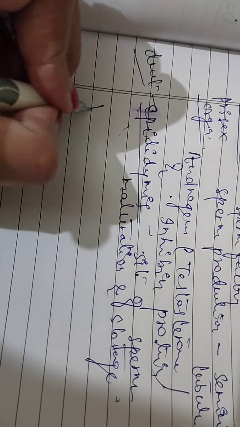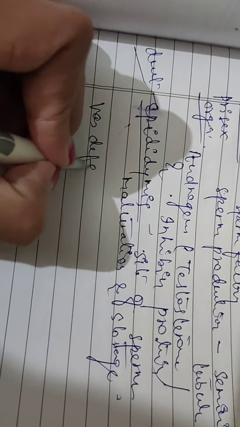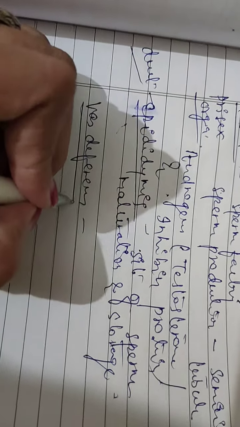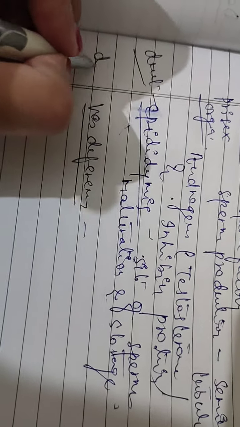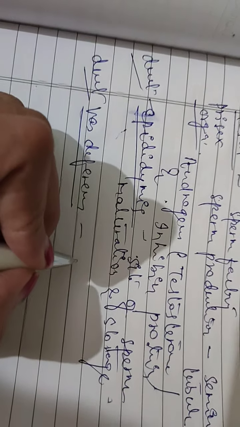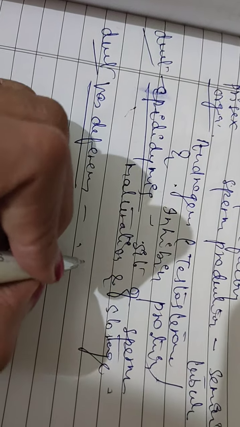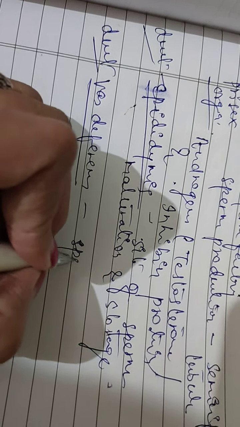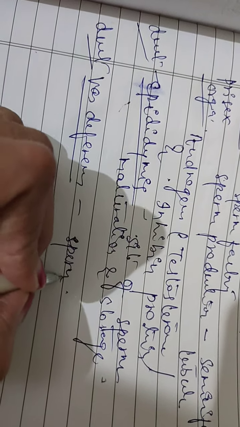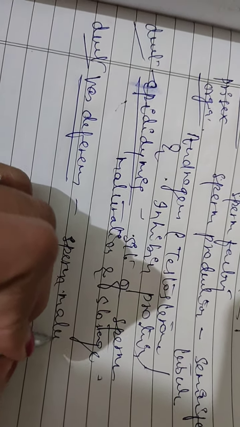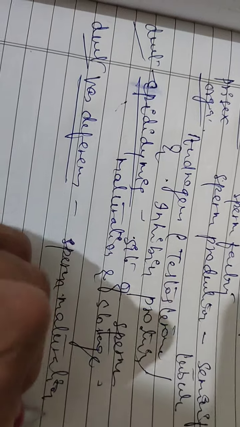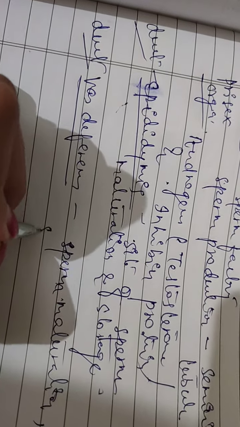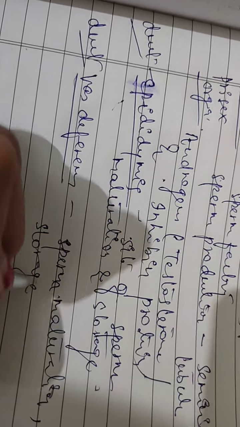Next one is the vas deferens. Vas deferens, this is also a duct system, and what it does, this is responsible for sperm maturation, storage and transport also.